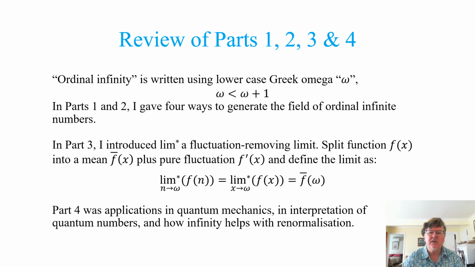What that means is that if you split a function into a mean part plus a pure fluctuation, then we define the limit as the value of the mean part at infinity. Part 4 talk was applications in quantum mechanics, in interpretation of quantum numbers, and how infinity helps with renormalisation.